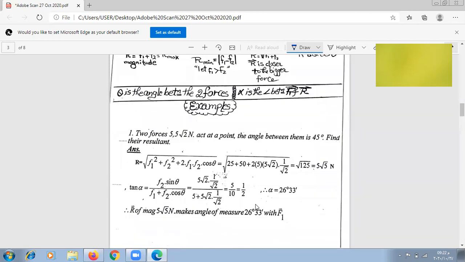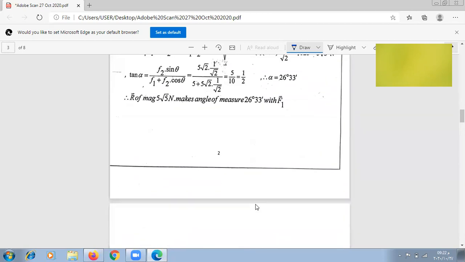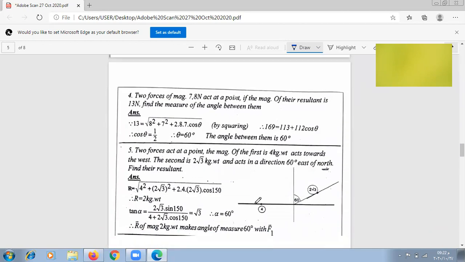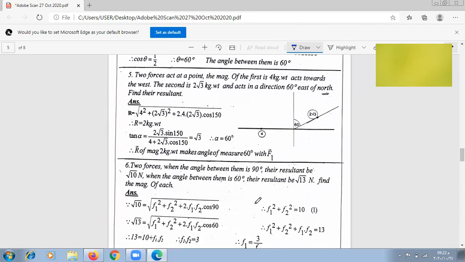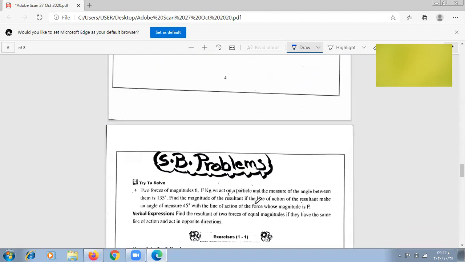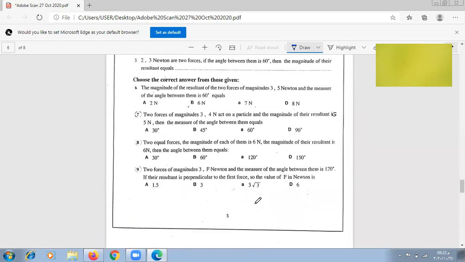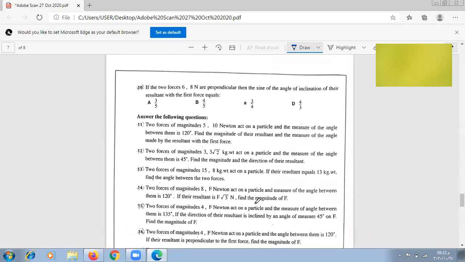In these sheets, there will be some solved examples for you. As you can see, you can read them by yourself. And I am going to pick some problems from the school book. There is no school book this year.